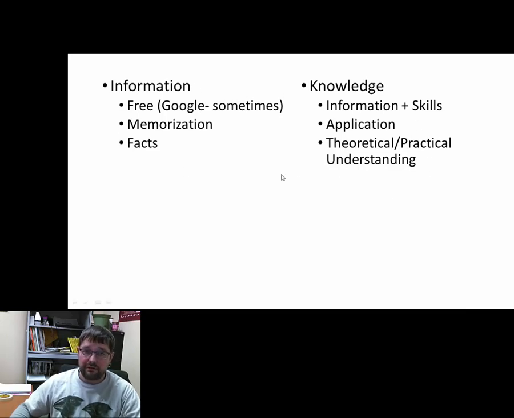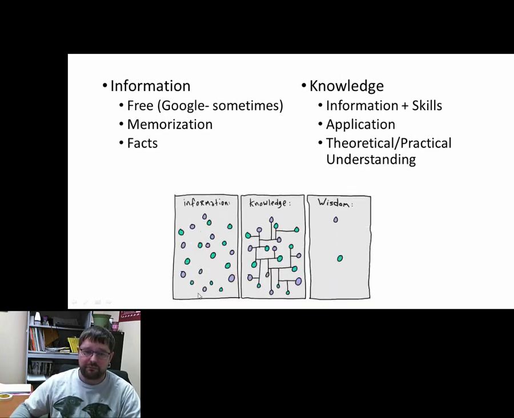So in this course, we're really going to concentrate on doing that, taking the information given to you, and then applying that information to gain knowledge. And so it looks something like this. Information could be represented as just dots. Knowledge is represented as connecting those dots. And then once you have enough of this, you could develop wisdom, which would mean that maybe you are looking at this and you know enough about it that you know that only two dots matter. Or for that matter, you know that two dots connect everything.